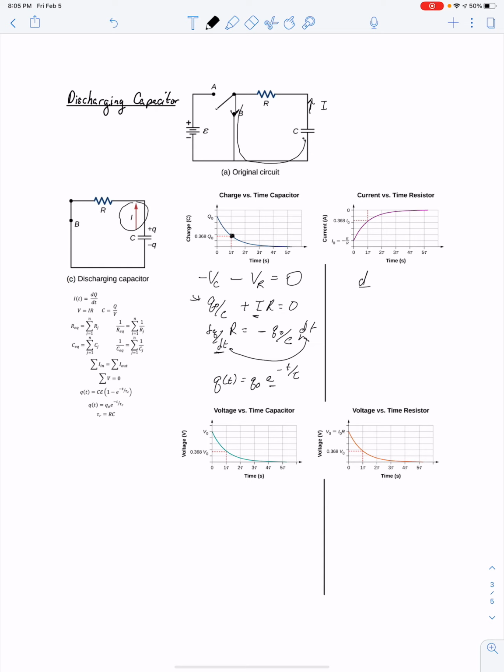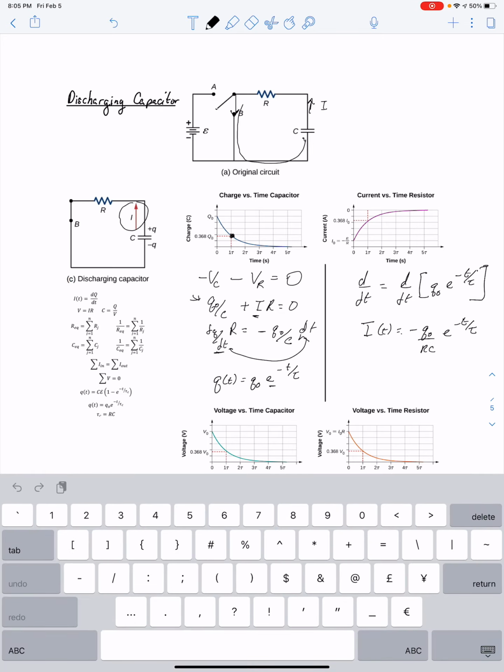You just have to derive and you'll get the answer. And I'm just writing it down for you to also write it down. Which equals minus q naught over RC e to the negative t over tau.